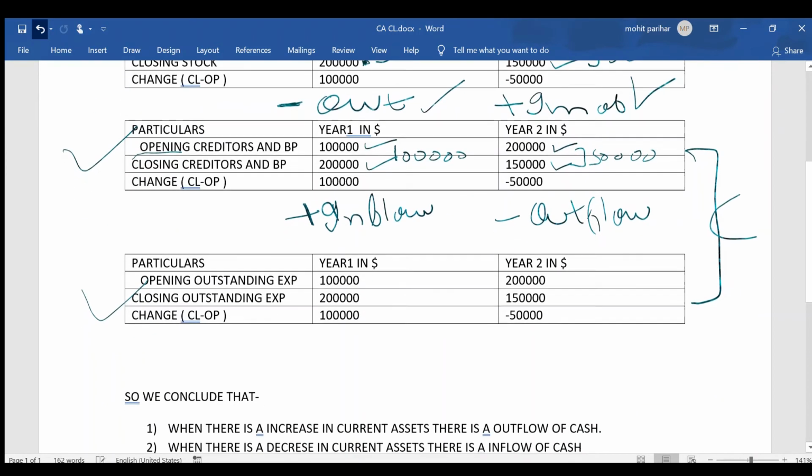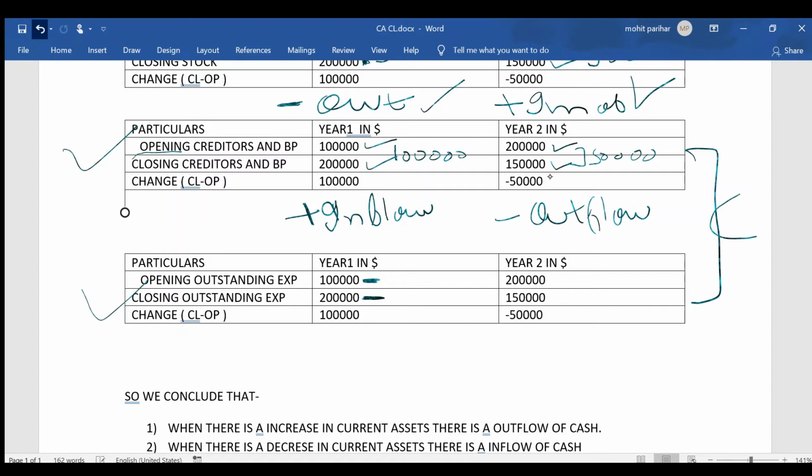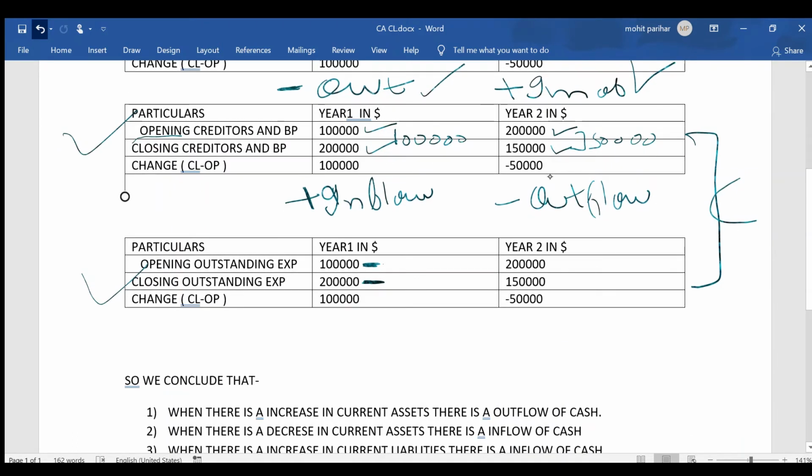Same thing applies to these outstanding expenses. In the beginning of year one, you have not paid $1 lakh. In the beginning of year two, you have not paid $2 lakh. This means that you have not paid an extra $1 lakh in year one, and therefore there is a cash inflow in year one.